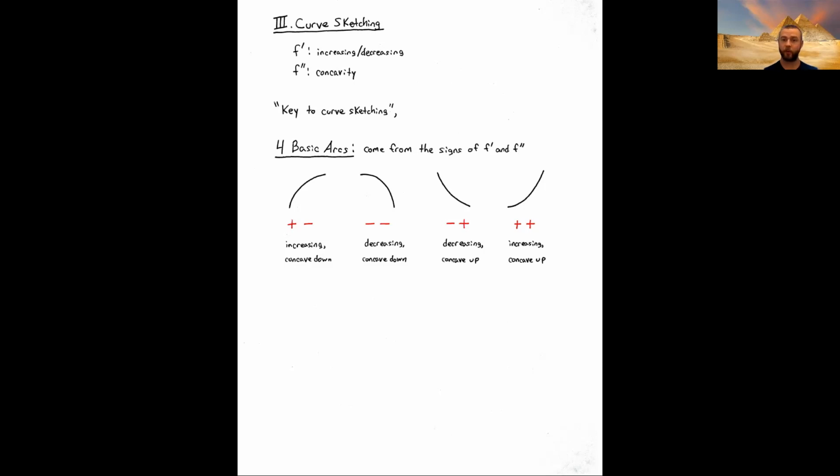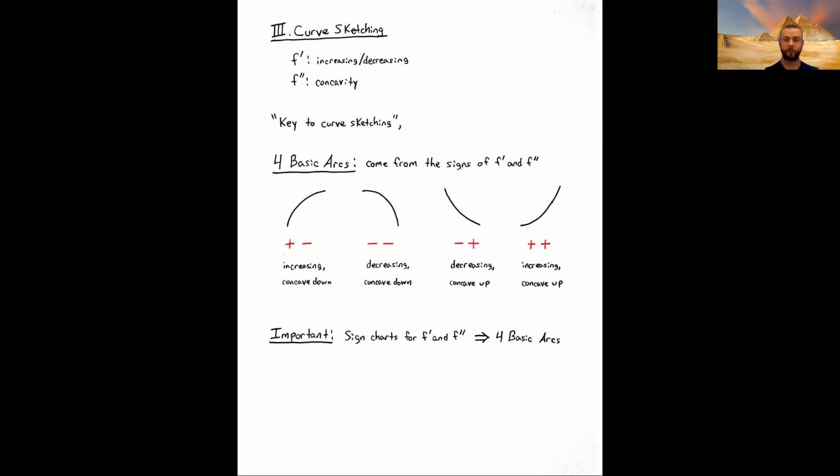All right, the other ones in order are decreasing, concave down, so minus minus for the sign combination. The next one is decreasing and concave up, minus plus. And then the last one is increasing and concave up, plus plus. Now, how we actually tie this into what we covered in parts 1 and 2 of this lecture, that was where we introduced our sign charts for the first and second derivative.